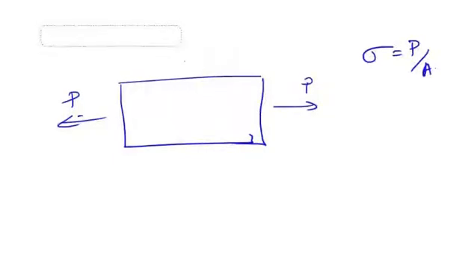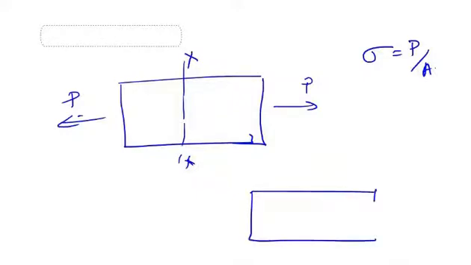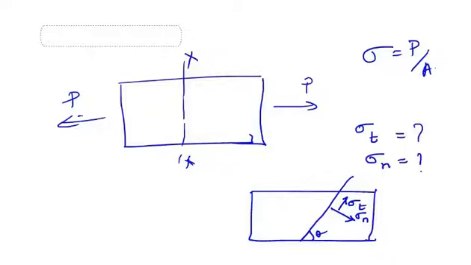So this stress will be acting in a normal plane x x, which is perpendicular to the direction of the applied force P. But in practical cases, we may have to find the stresses acting in any other direction which is inclined at an angle theta. So you can have the normal stress like this and the tangential stress like this for an oblique plane. I have to calculate this tangential stress and normal stress for different cases, as calculated in the previous cases.